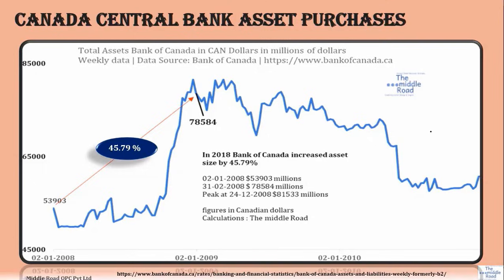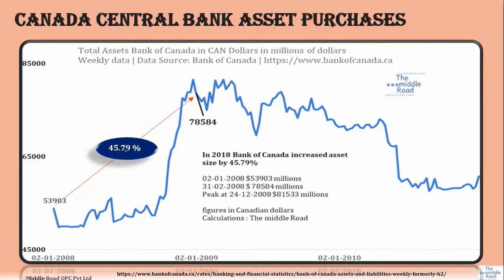So I looked at the total balance sheet asset size of the Bank of Canada, basically the central bank of Canada. And if you look at the asset purchases over a period of time, you will see specifically when the major distress was during the Great Recession, how much the purchase was during that time.